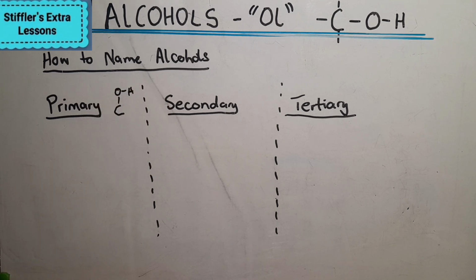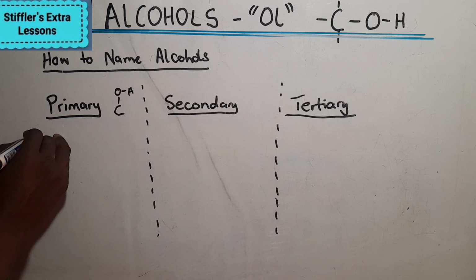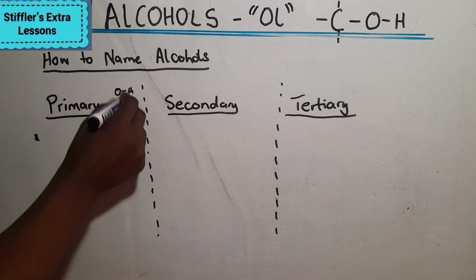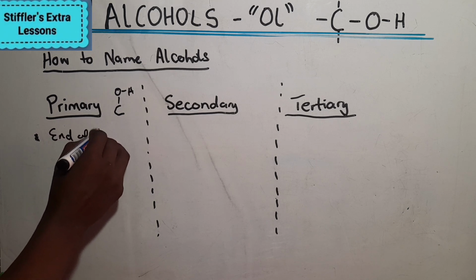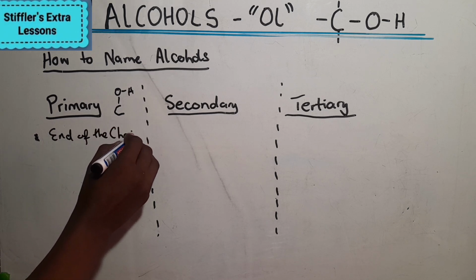The carbon that is carrying the hydroxyl is the one that matters in differentiating between these three. In primary, the carbon that is carrying the hydroxyl is always at the end of the chain. It's always at the end of the chain.